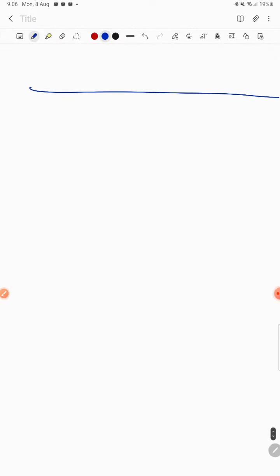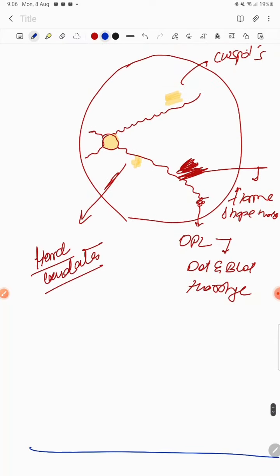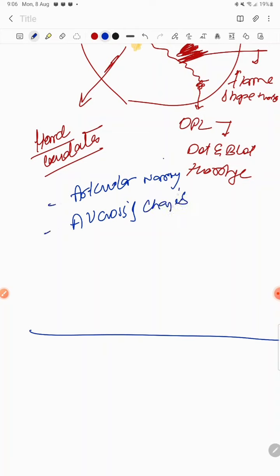Till now you have understood. So what are the signs first? They are nothing but the arterial narrowing, AV crossing changes, then there will be hard exudates, then cotton wool spots, then dot and blot hemorrhage.